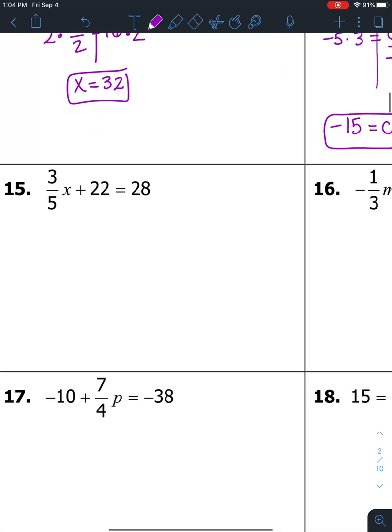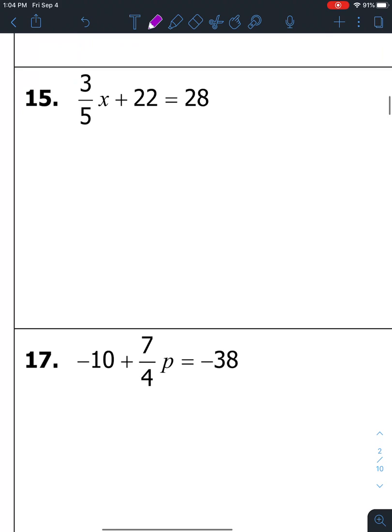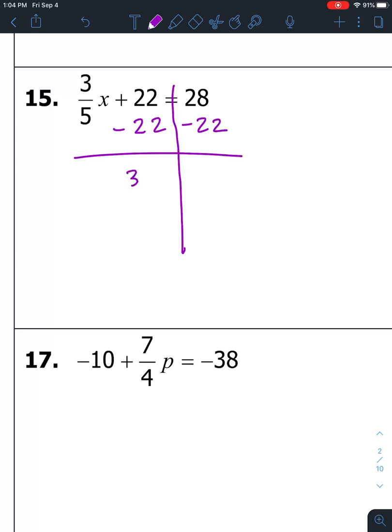All right, let's do a couple more examples here. Let's do this one. So 15, again, adding and subtracting first, then multiplying or dividing. So I have to minus 22 from both sides. So that gives me 3 over 5x equals 6. Now this is what we were talking about with that one-step equation.